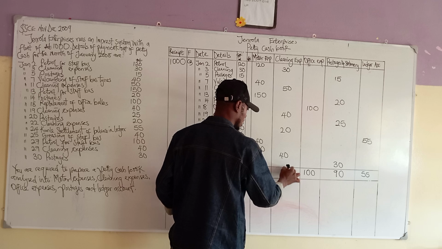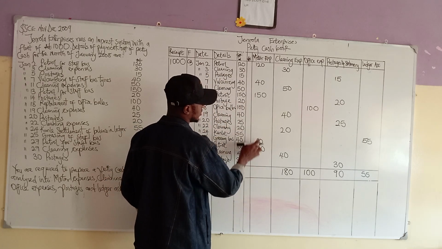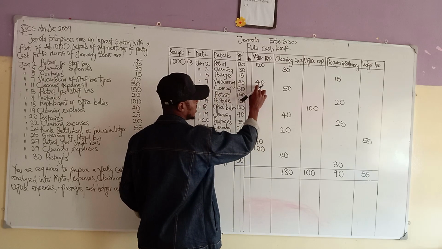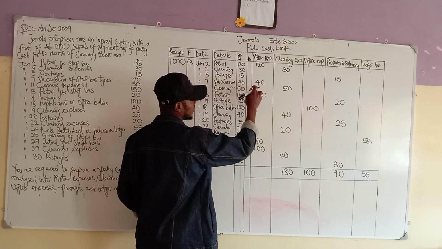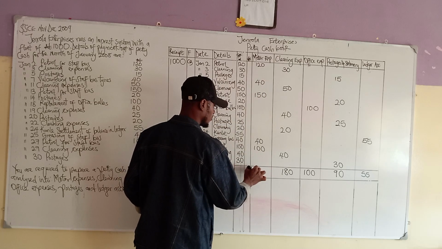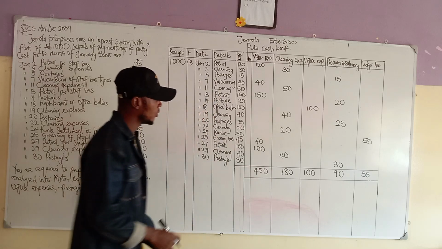This will give me 180 naira. Then in terms of motor expenses, this is 140, 290, 290 plus 40, that is 330. 330 plus 120, that is 450, 450 naira.